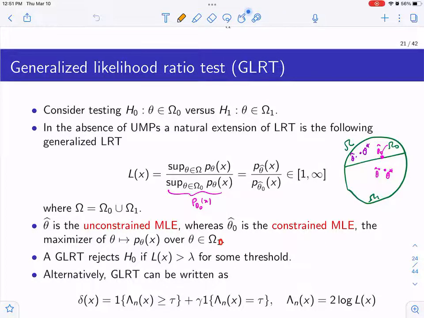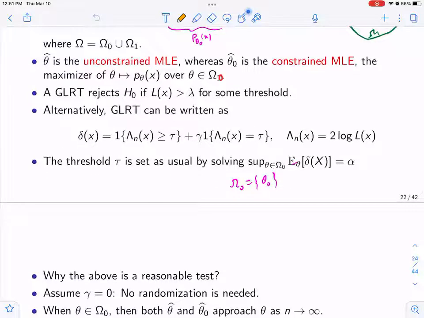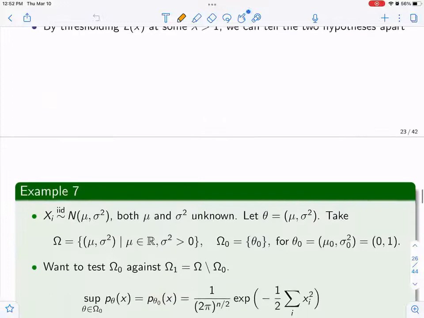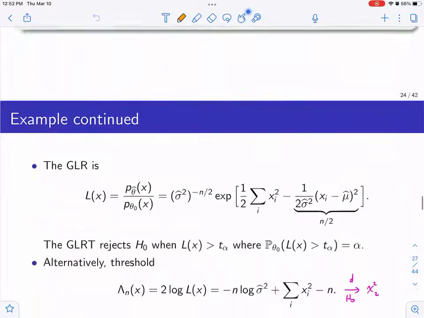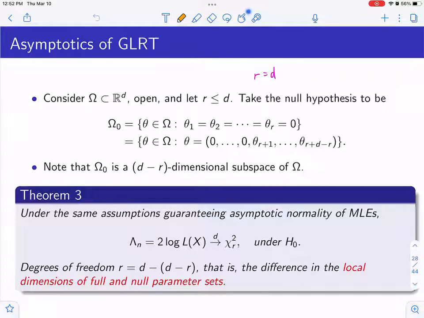Then you don't have to worry too much about how to set the threshold under the null, if you're okay with asymptotic approximations.